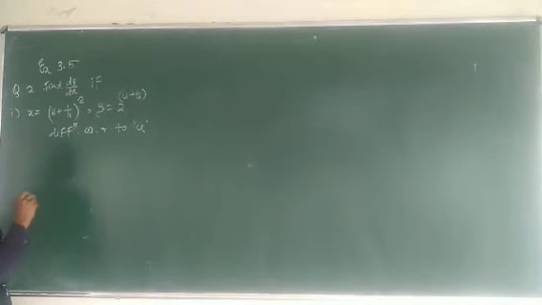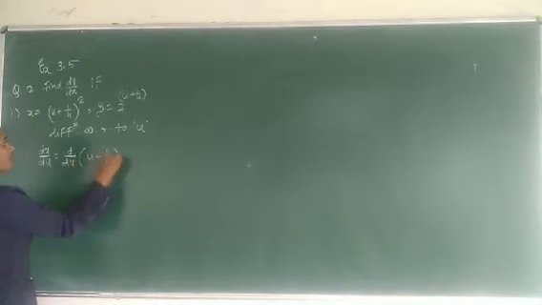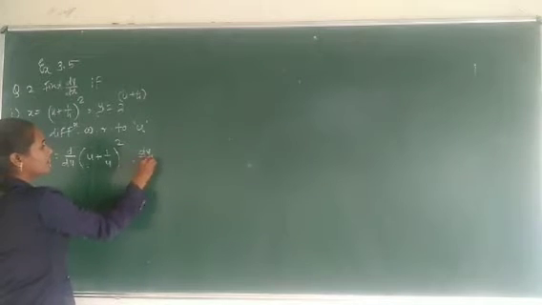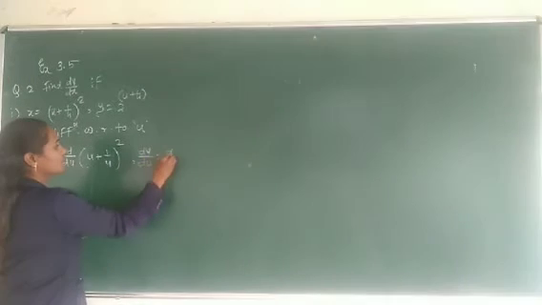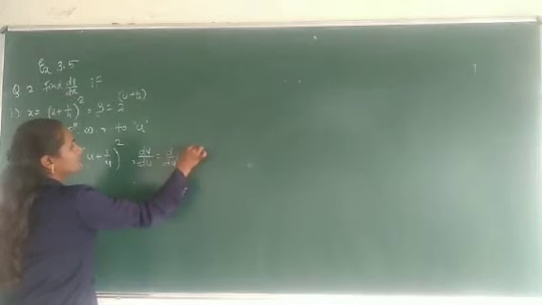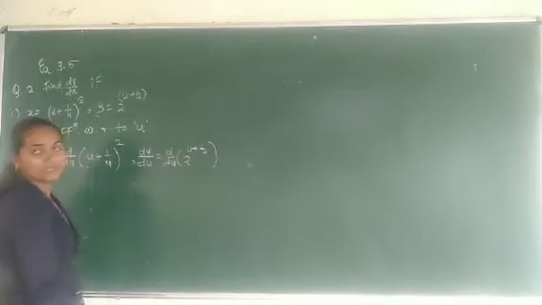The derivative of x with respect to u, dx/du, is equal to d/du of (u + 1/u) squared. And here dy/du is equal to d/du of 2 raised to (u + 1/u).